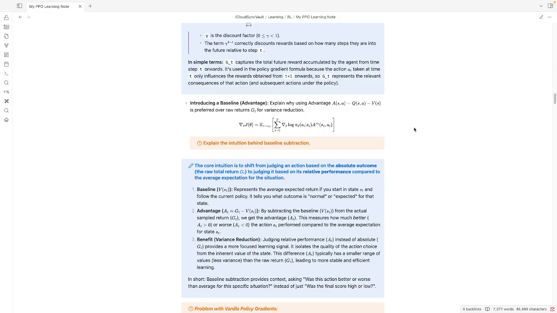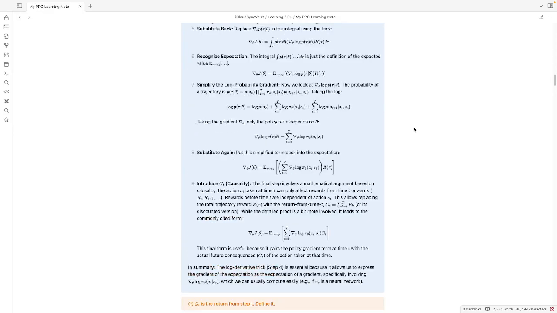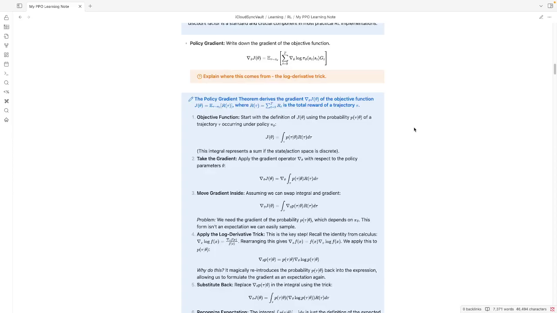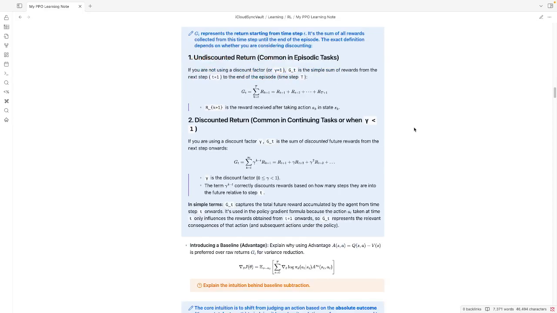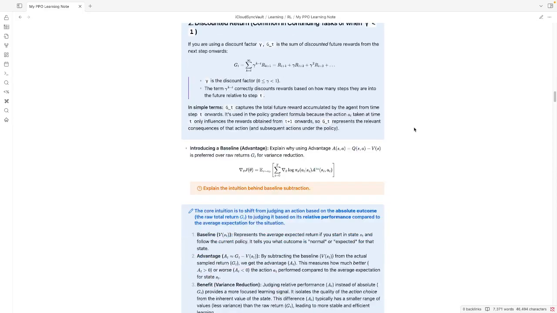But this one has a high variance. What we want to do is reduce the variance, and the technique we are taking is introducing a baseline, where we introduce an advantage function.